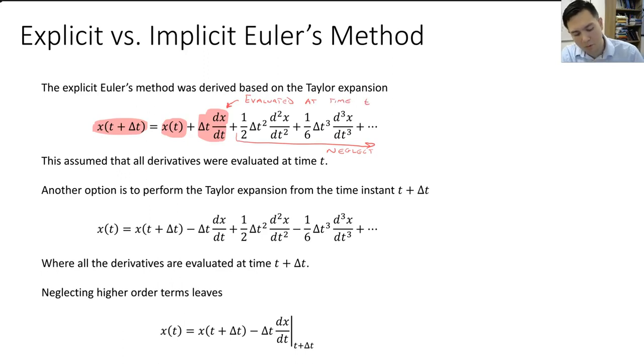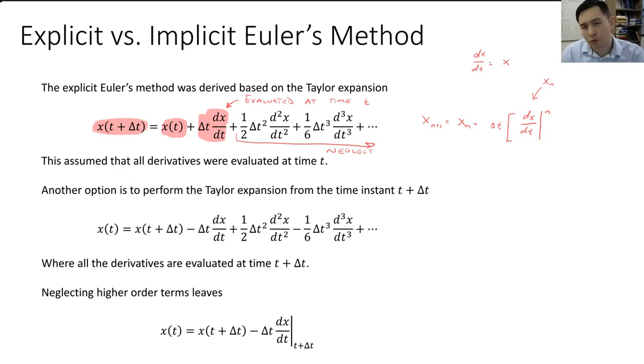So what this means is that x of t plus delta t, that's our x of n plus 1, is equal to our x at t, which is our x of n, plus delta t times dx dt evaluated at time index n. So if, for instance, our dx dt was equal to x, then this would then just become x of n.